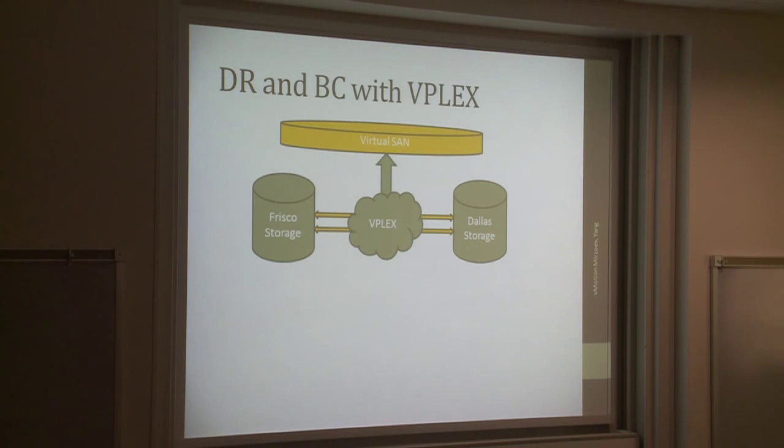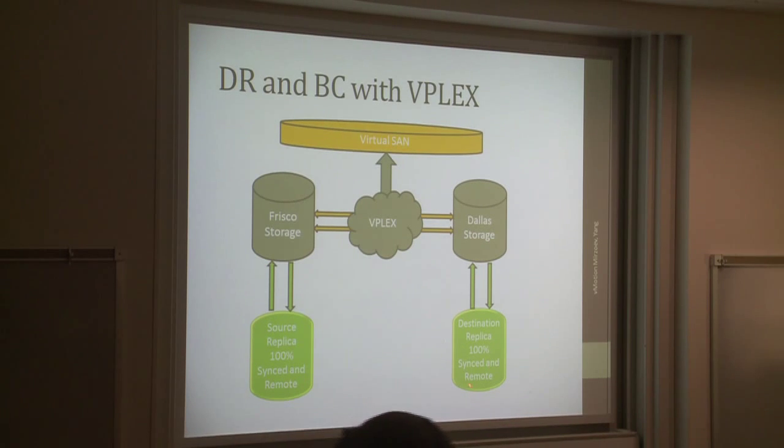Once we virtualize that, in the background we can replicate each one of these entities separately. A replica is a bit-for-bit identical copy of your storage. So besides being able to back up the virtual SAN and replicate that, we can have a second backup of each source and destination at two different locations.